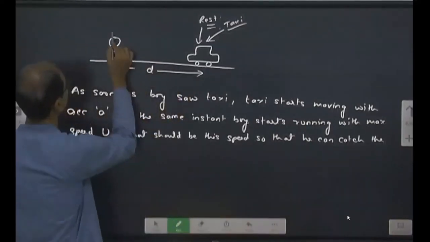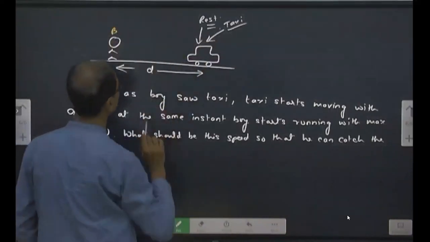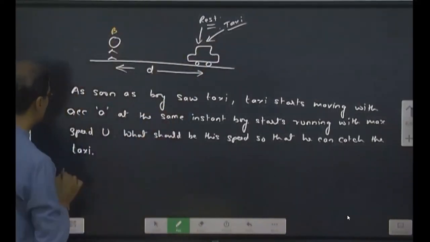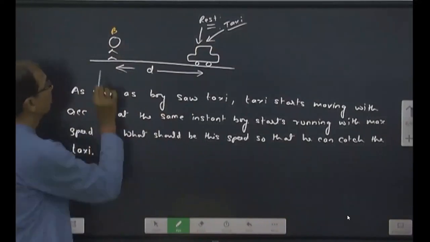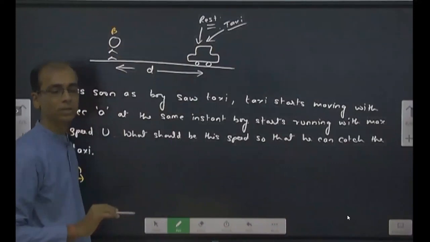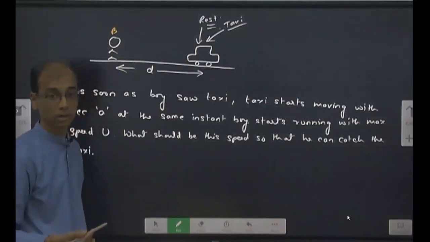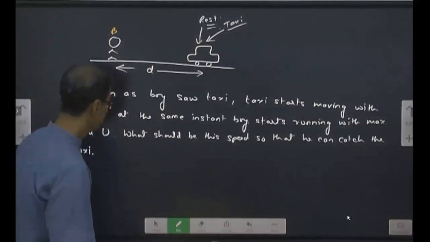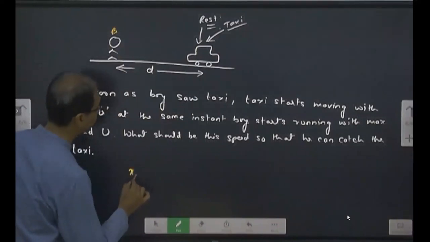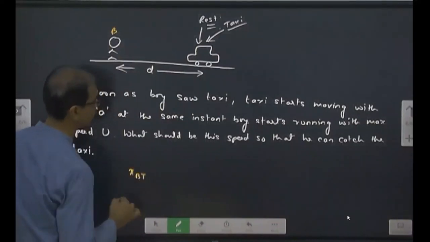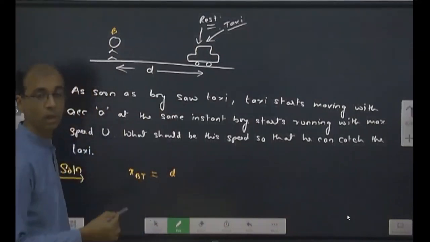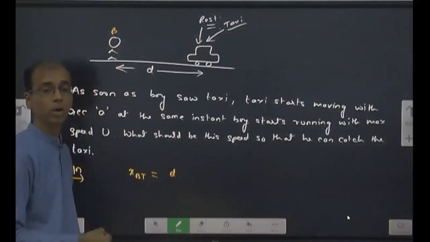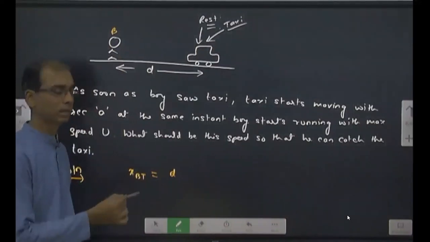This is the boy, B, and this is the taxi. Now it is very clear: the boy wants to catch the taxi. How much more does he have to travel? Distance d. So the distance to be traveled by the boy with respect to the taxi is d.